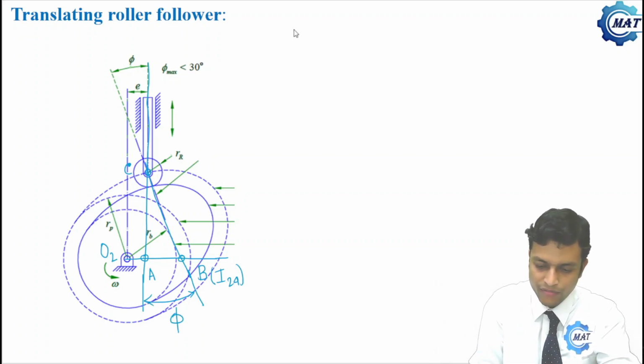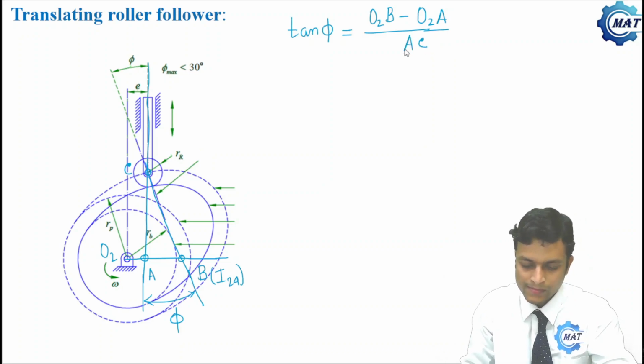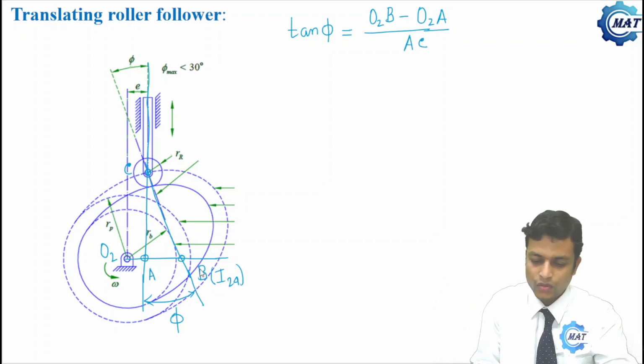So what is tan of phi? Tan of phi is AB divided by AC, and AB is O2B minus O2A, divided by AC. First let us calculate O2B.